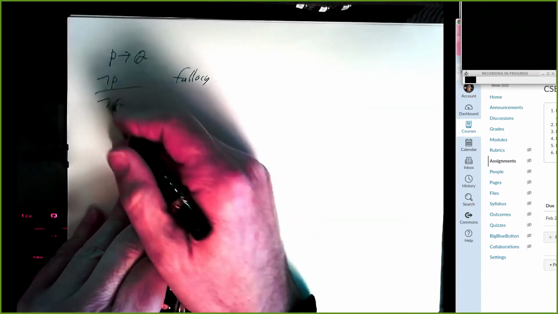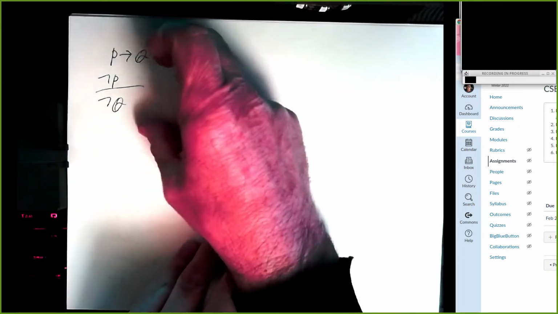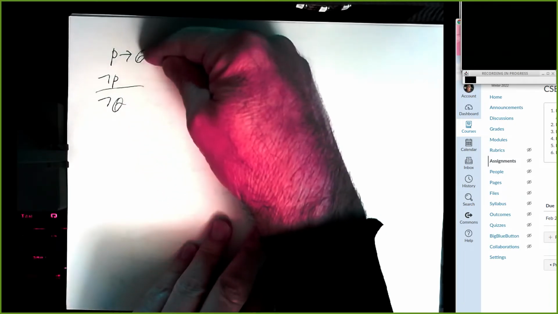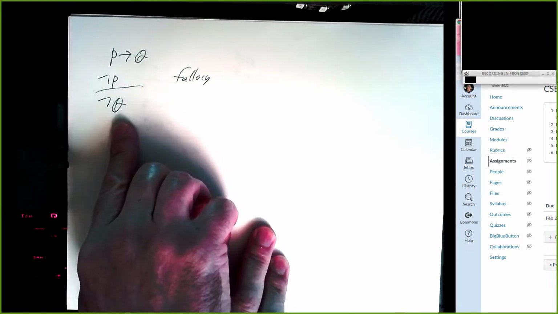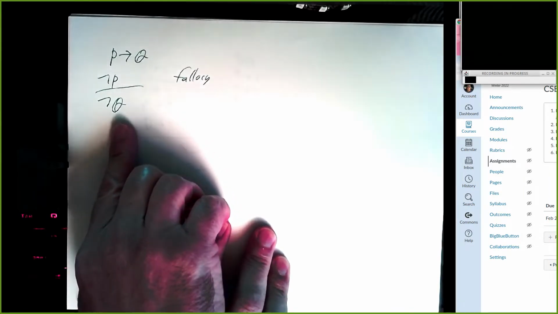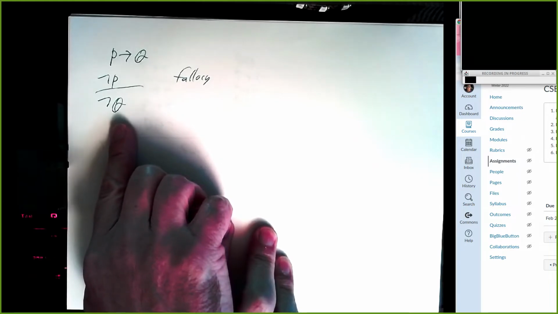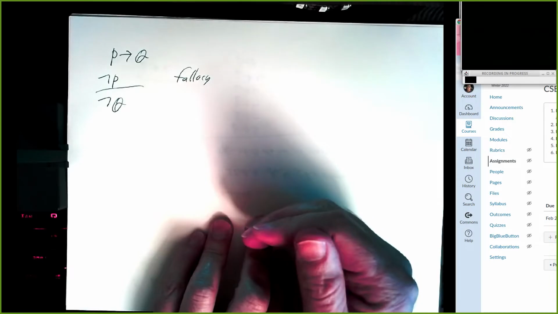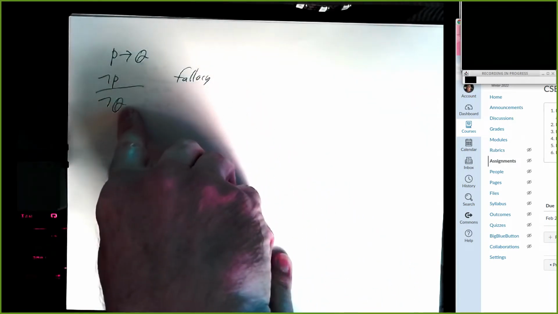If P, then Q, not P, therefore not Q. And this is not a theorem, right? There are P's and Q's for which this is true and this is true, but this is not true. So we can find examples of propositions P and Q that clearly illustrate this fallacy. So the goal here is to define a proposition P and a proposition Q such that this is true, but this is false.